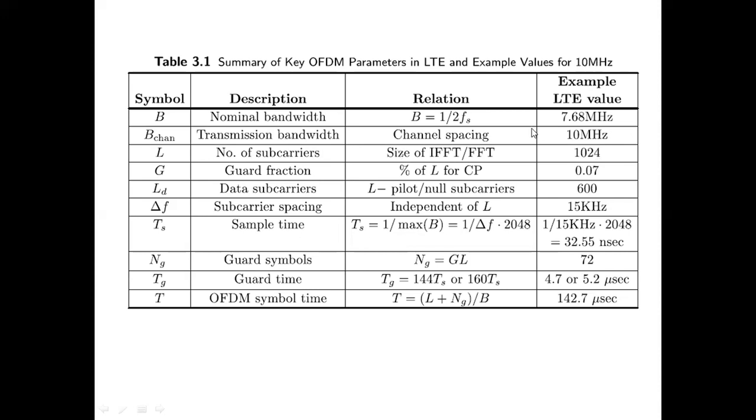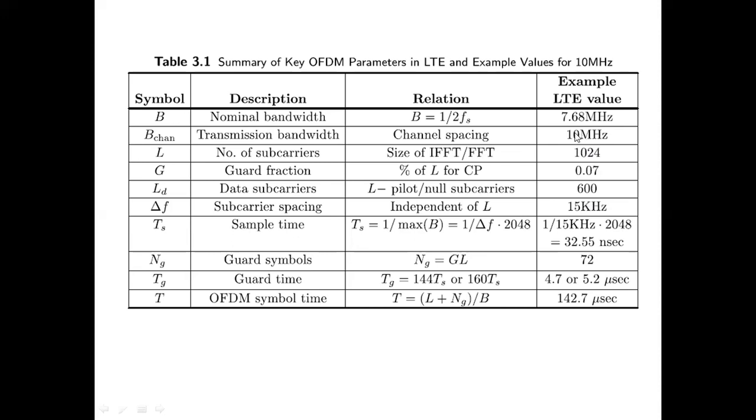The transmission channel bandwidth is 10 megahertz and the FFT points are 1024, out of which 600 carry the actual data. This 1024 will be used to divide 10 megahertz by 1024 to get the spacing between the individual orthogonal subcarriers.